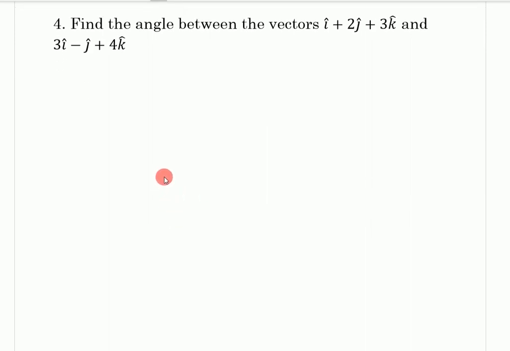Example 4. Find the angle between the vectors i plus 2j plus 3k and 3i minus j plus 4k.